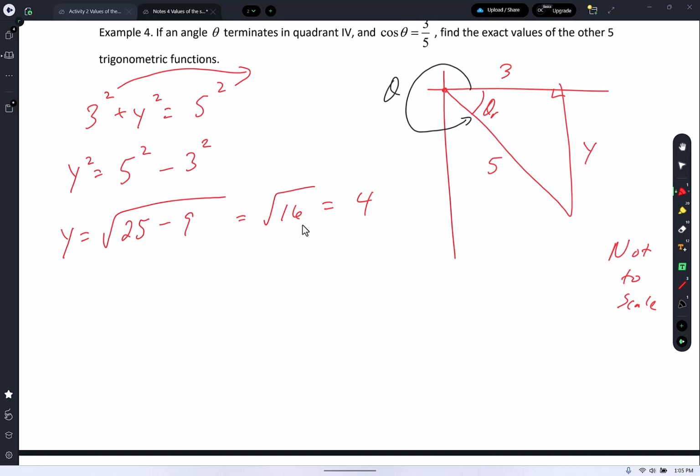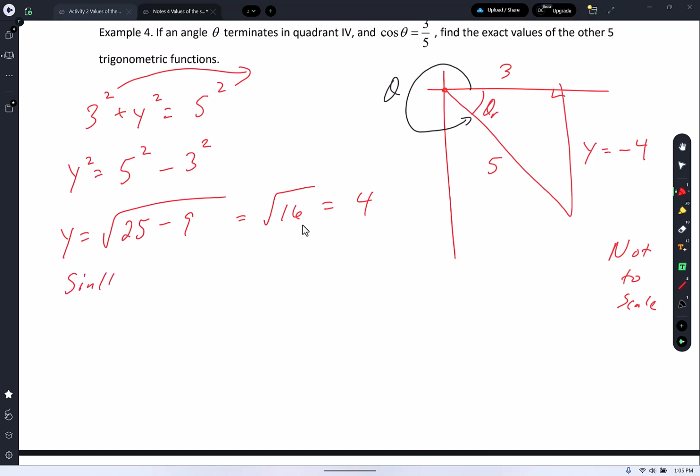I'm in quadrant 4. So in quadrant 4, the y value is negative. So I'm going to write -4. Do you guys see how we did it? All right, I'm going to use the reference to help me out.